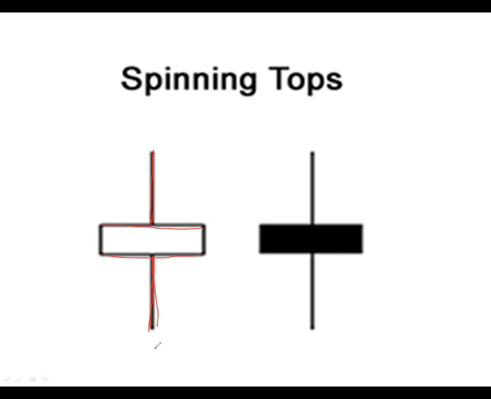And point 2 says that we shouldn't look at the color. The color is actually not important, although this one ended in favor of the bulls, the buyers. But at this point, we shouldn't consider the color.